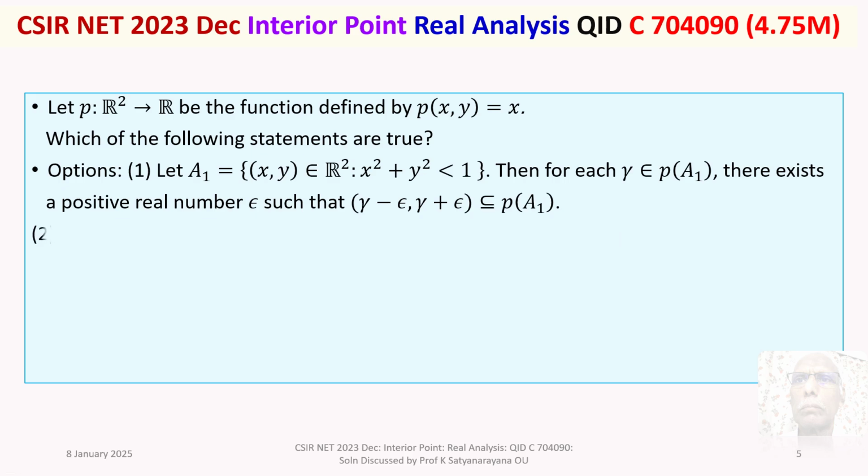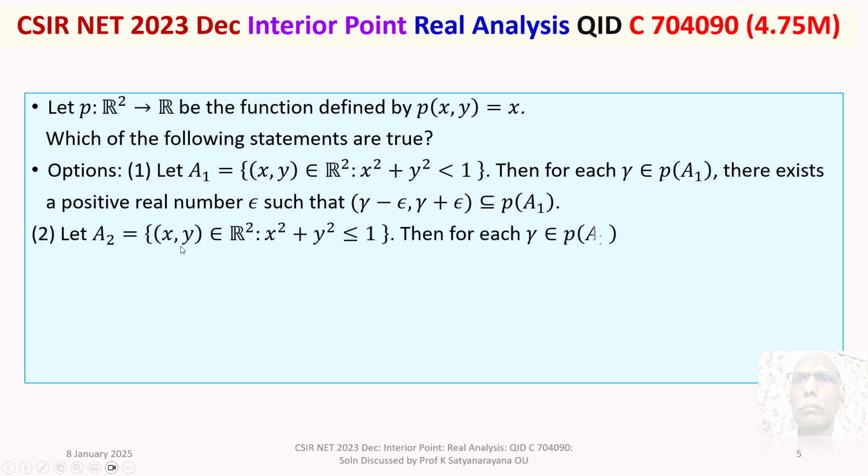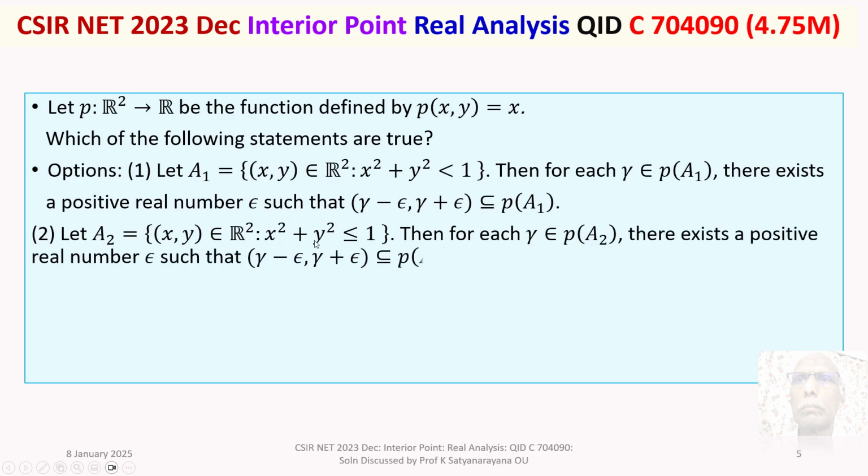Option 2. In a similar fashion, A2 is the set of all ordered pairs x comma y such that x square plus y square less than or equal to 1. And this time, gamma belongs to P of A2. There exists a positive real number epsilon such that gamma minus epsilon to gamma plus epsilon is contained in P of A2.